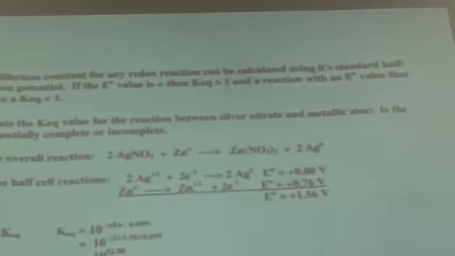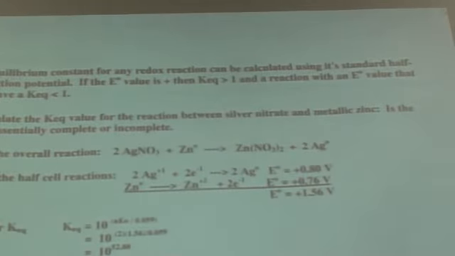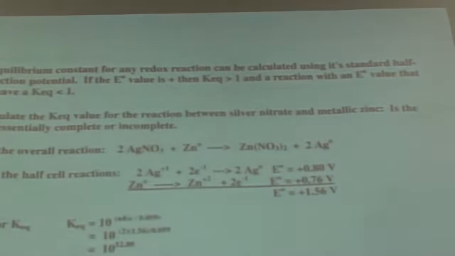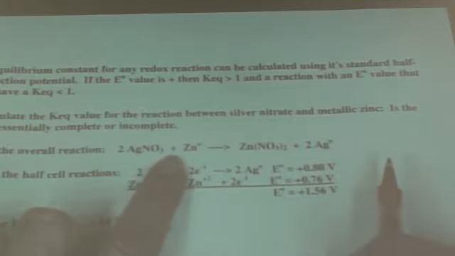So I envision somebody coming up to you on the street and saying, hey, see this reaction right here? Could you please tell me what K is for it? I just want to know. And you would say, sure, I can do that. What you would do first is write the overall reaction.